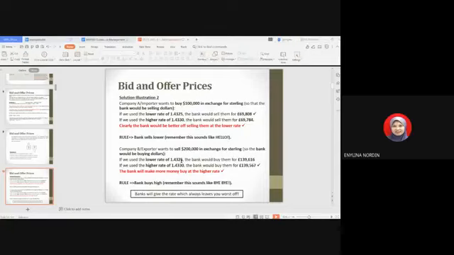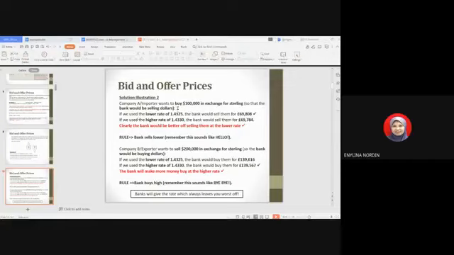If the company wants to buy in dollars, and the home currency is the pound, then the company has to convert the pound into dollars. So the company has to buy the dollar. If the company wants to buy the dollar, what should the bank do? The bank will sell the dollar.